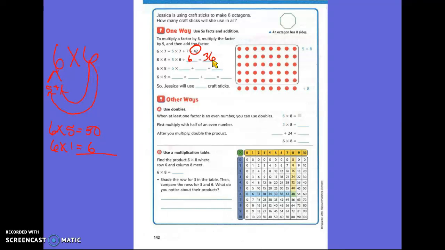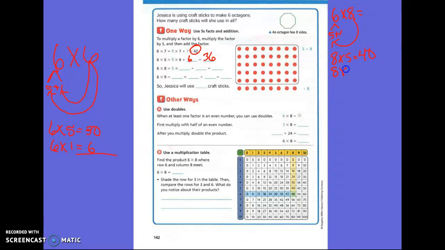Okay, we're doing another one. We're going to do 6 times 8. Now, 6 times 8 might be too hard, so let's split 6 into 5 plus 1. Now you're going to multiply 8 times 5. What is 8 times 5? 40.